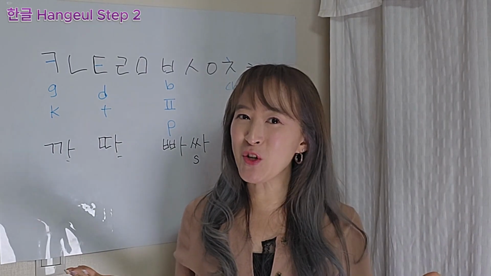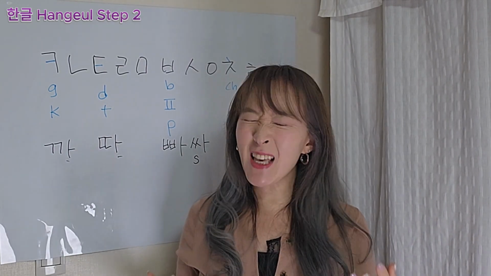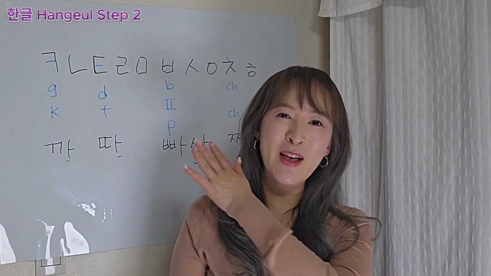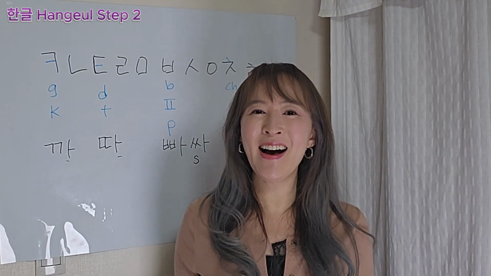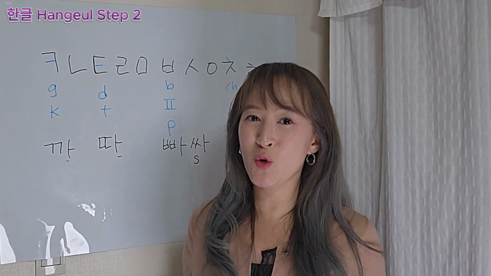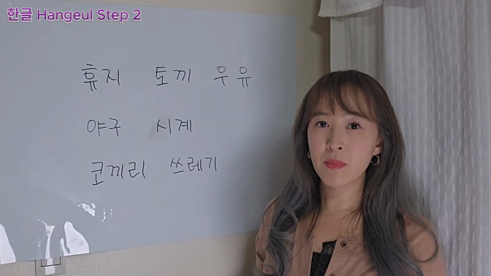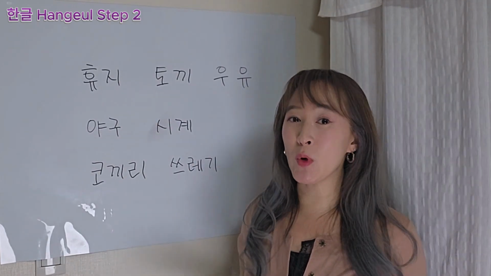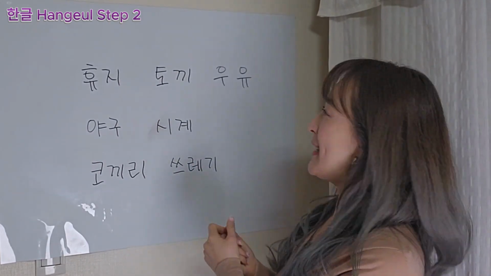As I promised earlier, now you can read about 70% of Hangul. So just be proud and pat yourself on the shoulder. So now it's time for us to check how many more words we can read. Of course, there are so many more words, but we will start with these.